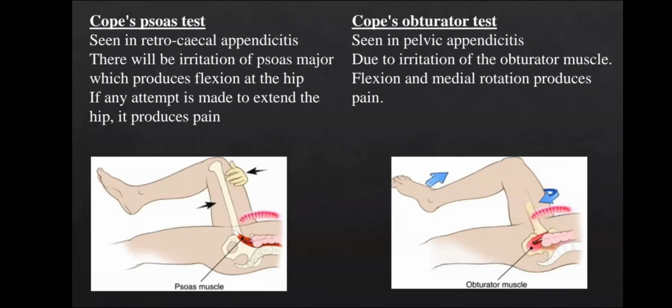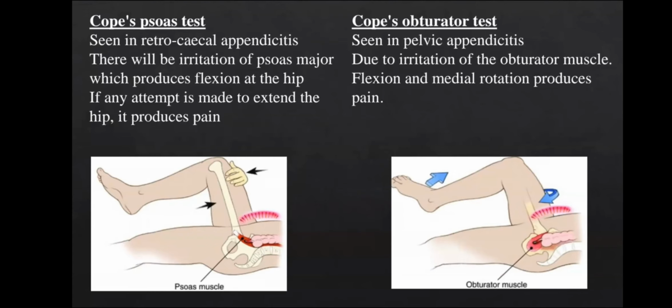That is hyperextension. There will be irritation of the psoas major muscle when we flex the hip, or when extension of the hip is done along with flexion, and it can cause pain. That is seen in retrocecal appendicitis.